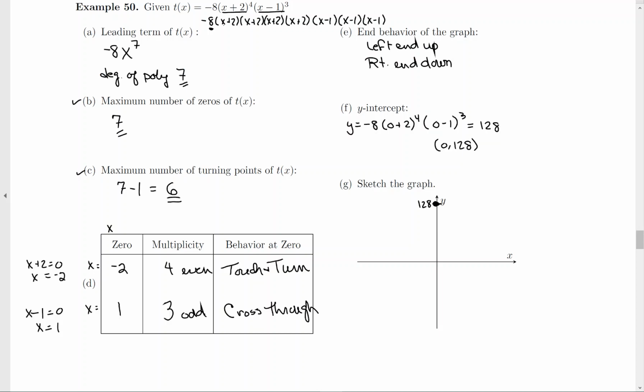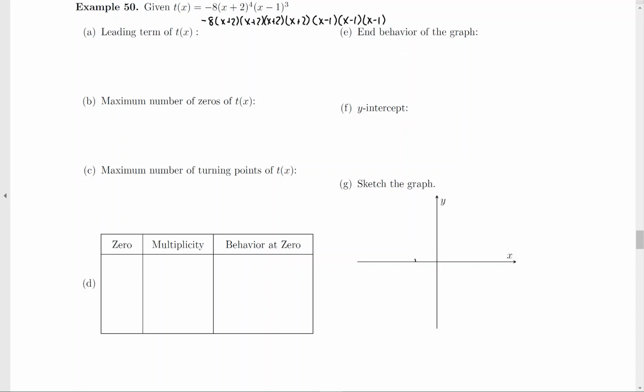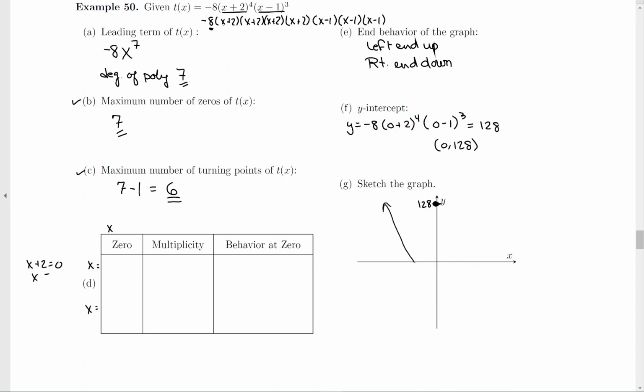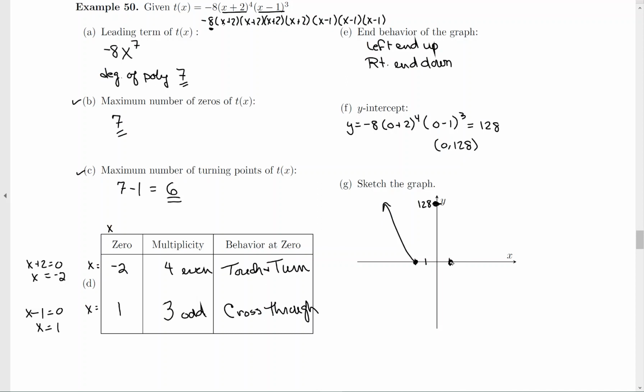So drawing the graph of this, getting a rough sketch, again, plot your intercepts. We've got one x-intercept at negative 2, the other x-intercept at positive 1. Left end is up, so it does out here. Right end is down, so it does that.